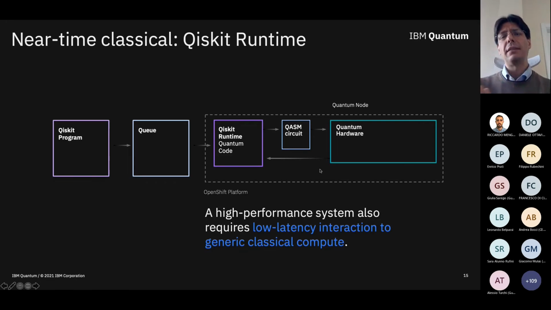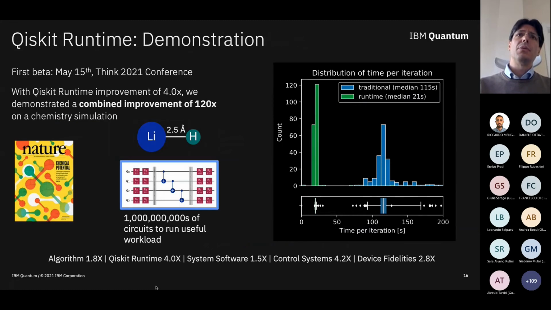And only at the end of all the variational process, it returns the result. So with this kind of solution, we are taking away all the latency time of the internet connection. And in this way, we have been able to speed up our calculation by 120 times the speed we used to have before, just with this classical involvement in the process.